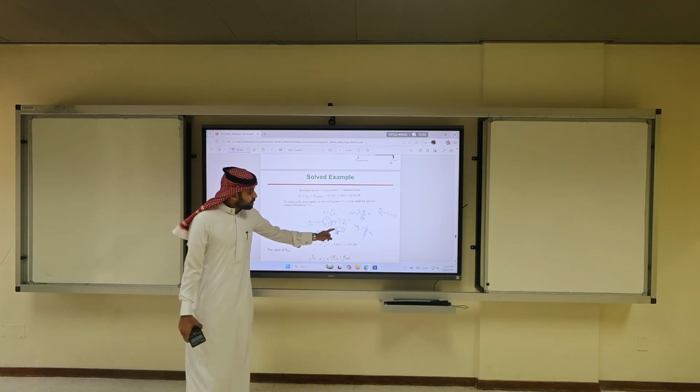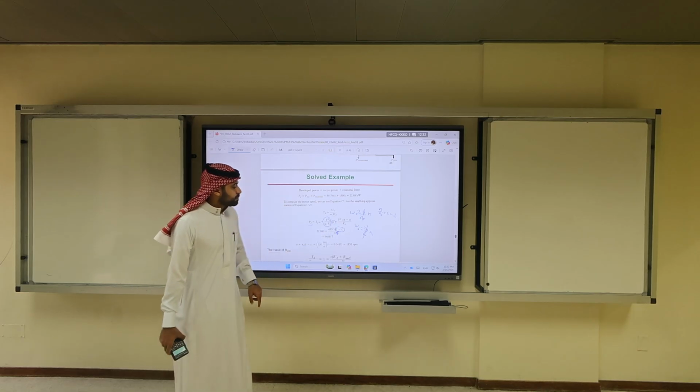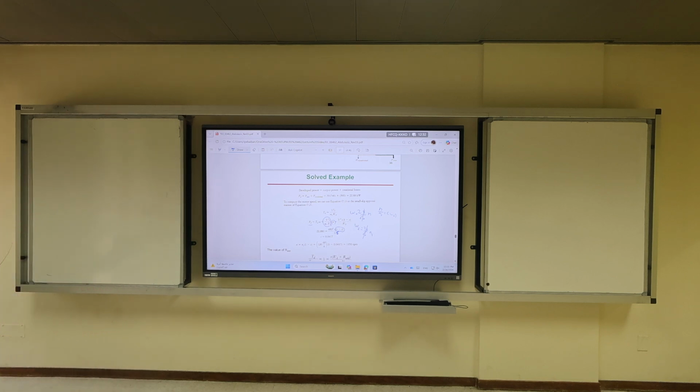Now, if you solve this equation, what will happen? Let's try to solve it on the board. I'm not going to remove this from the exam, but let's hope it doesn't come.